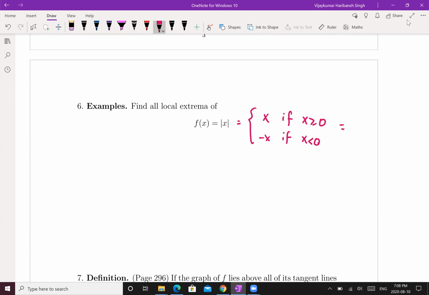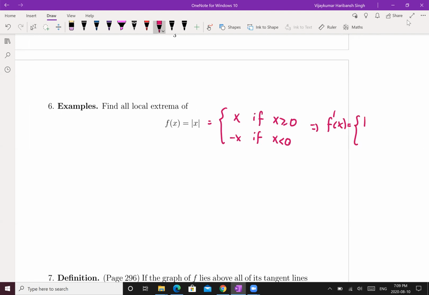And this gives us f prime x is 1 if x is greater than 0, -1 if x is less than 0. Now what about at 0? It's not defined at 0, because of a corner.